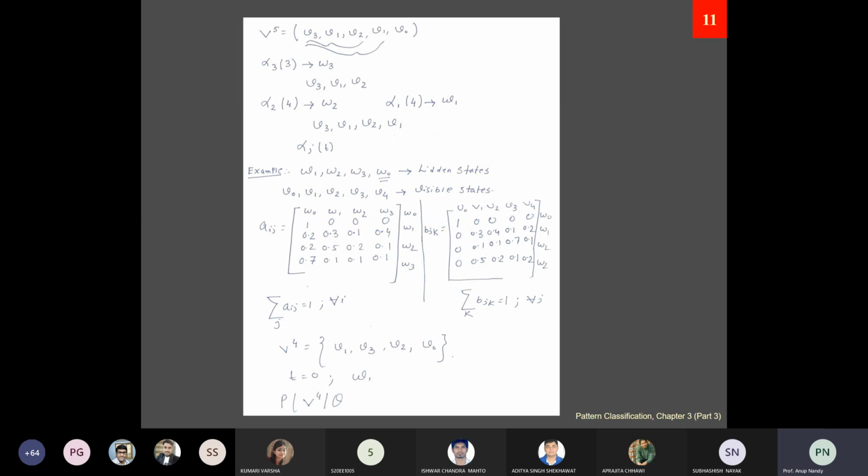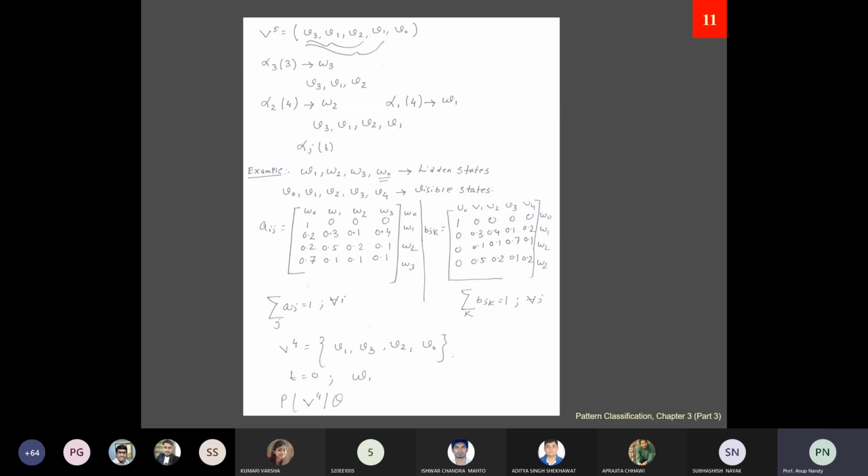Now when I write alpha 2 for W2, it means that at time instance t is equal to 2, W2 will generate the first 4 observation sequence: V3, V1, V2, V1. Now you have alpha 1, 4. You have W1 also, which will generate the first 4 observation sequence.